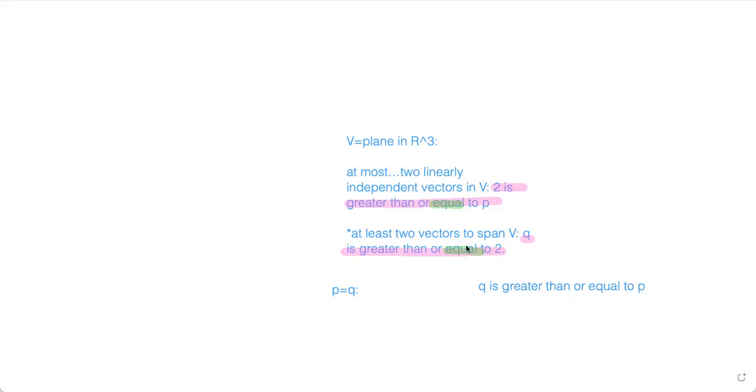What this proof did is it just took a specific example and found that this relationship between the number of vectors needed to span V and the number of linearly independent vectors still holds water under a specific example, right?